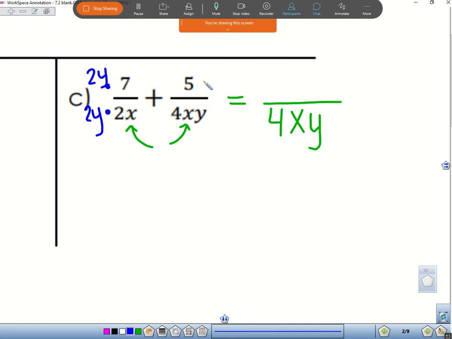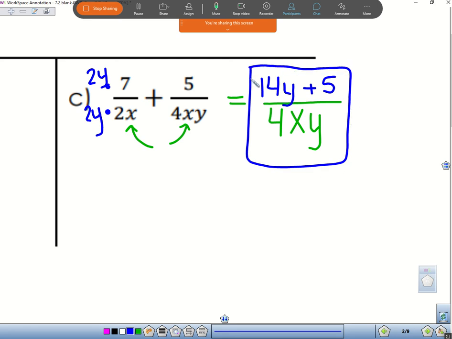And then do we have to multiply the second fraction by anything? No. So this is going to become 14y plus 5. 14y plus 5. And there's nothing else we can do. And that's that. Any questions on our warm-up? So this is only the warm-up.